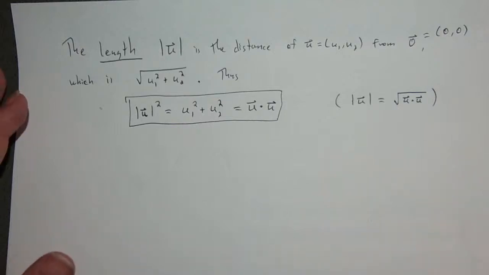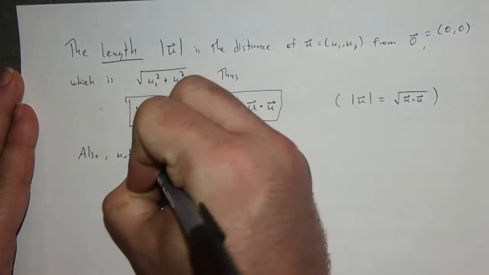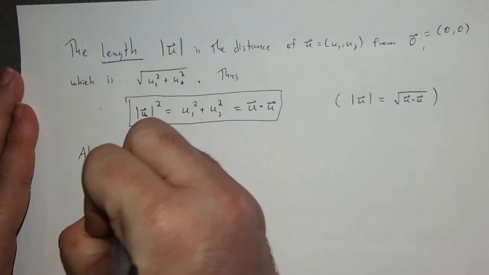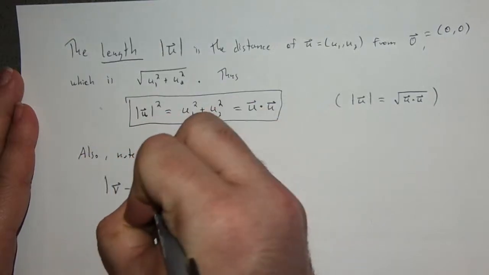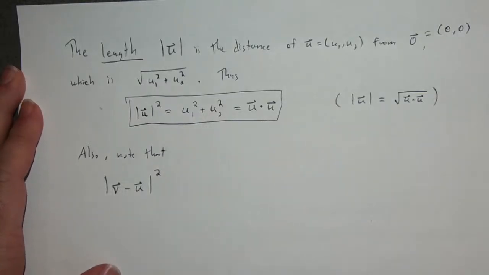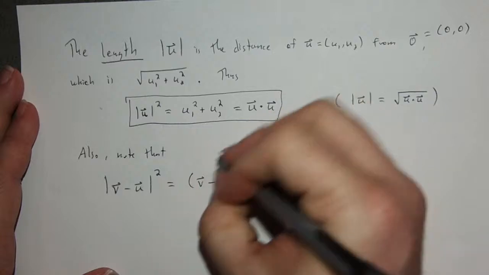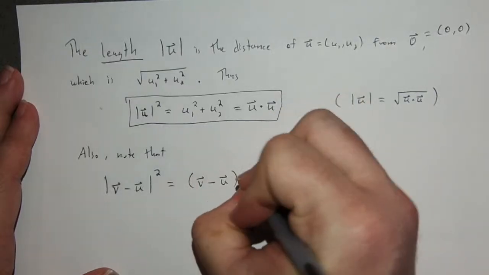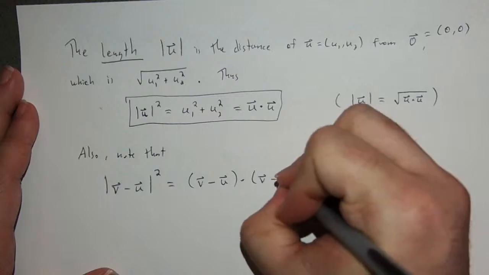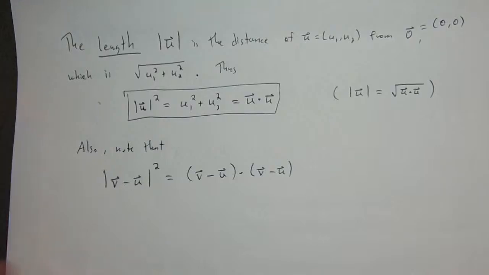All right, so then also note that if I look at the length of the segment between u and v squared, what do I get? Well, according to this, it is v minus u dotted with itself. But I can use those properties of the dot product that I took away now, so let me bring them back.